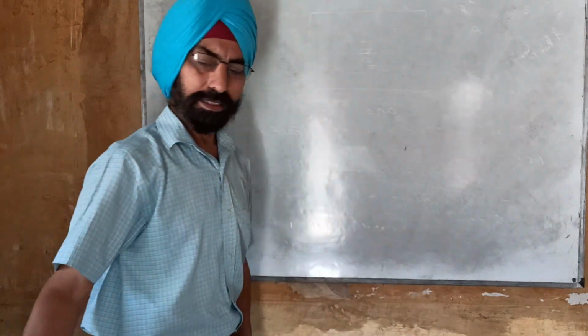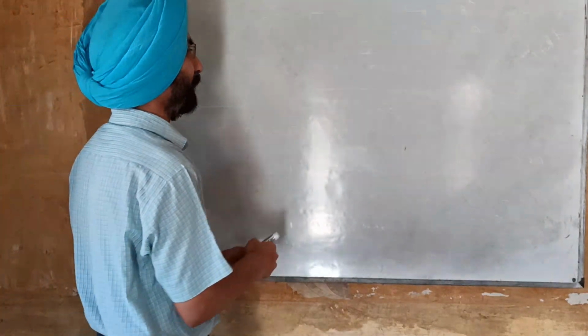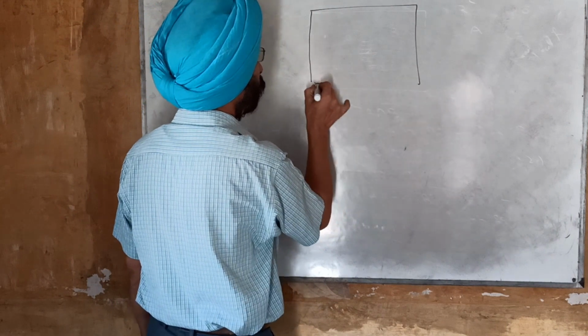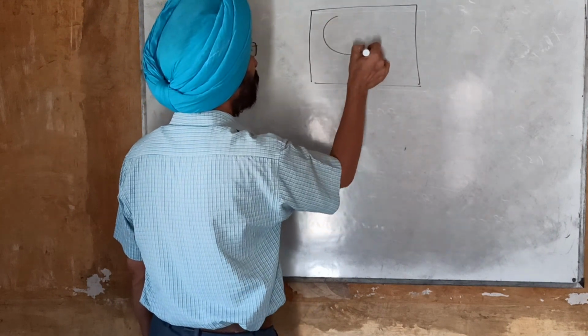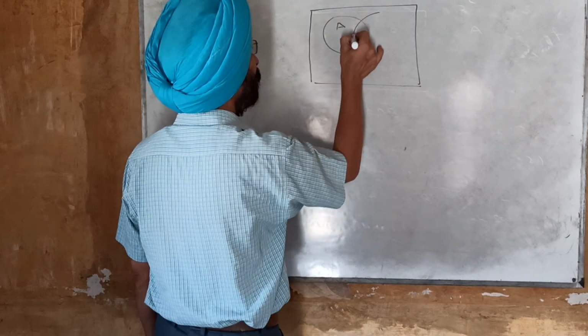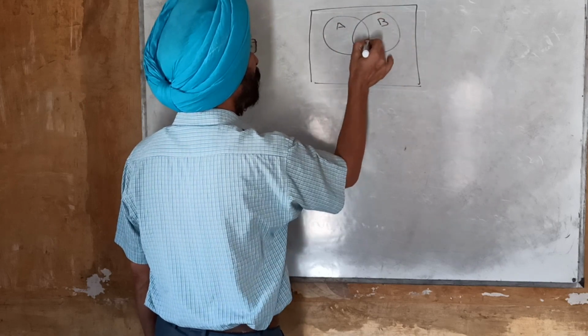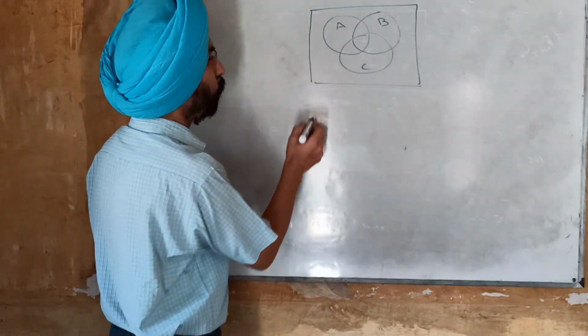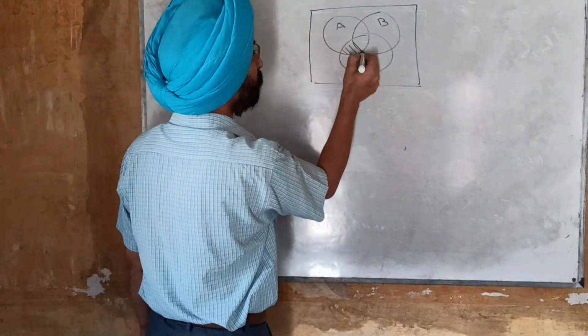Now look at a little bit more complicated case when there are three sets. Now this is the case, there is a set A, there is a set B, and there is a third set C also. So look into this portion.